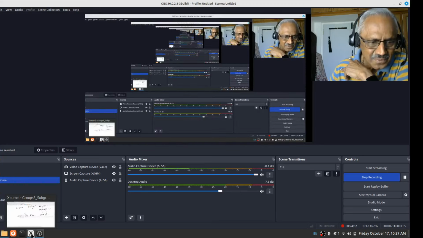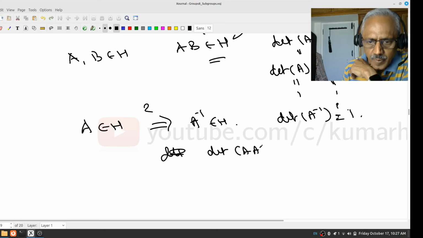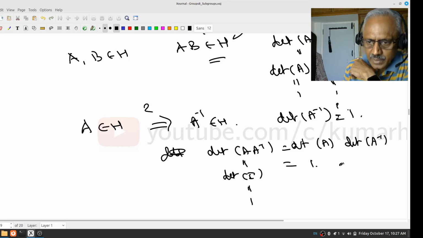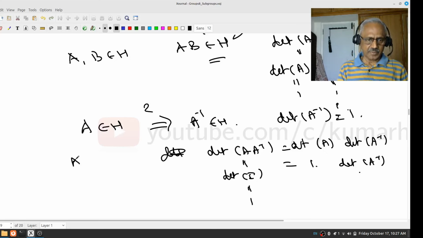So, determinant of A times determinant of A inverse is equal to 1 times determinant of A inverse. Notice that since A belongs to H, it is invertible, and A inverse also belongs to G. Therefore, the determinant of A inverse is non-zero.